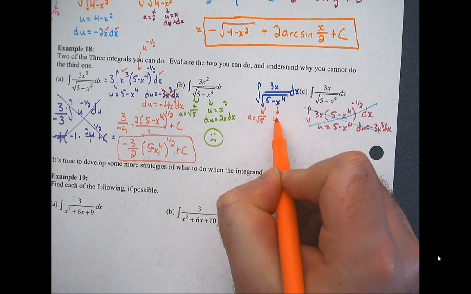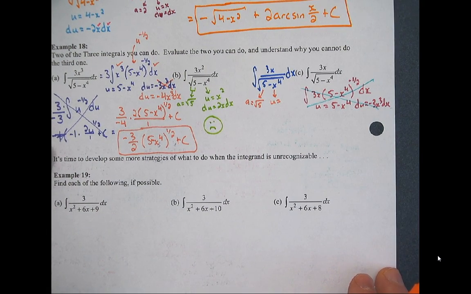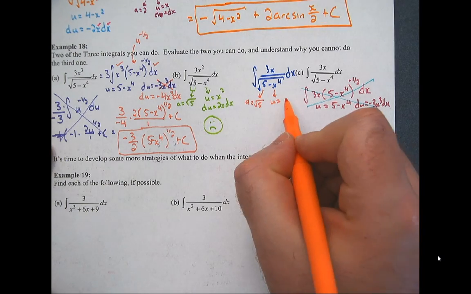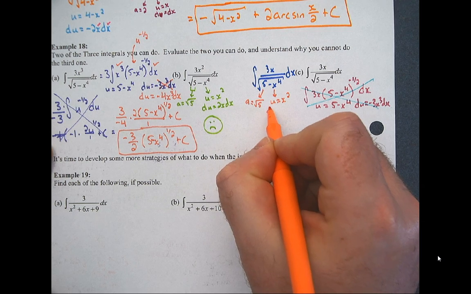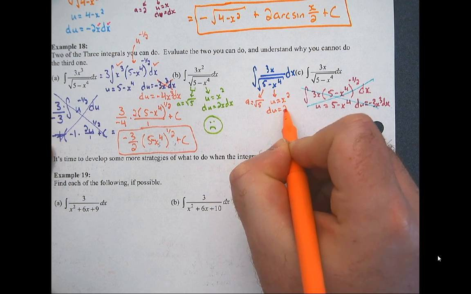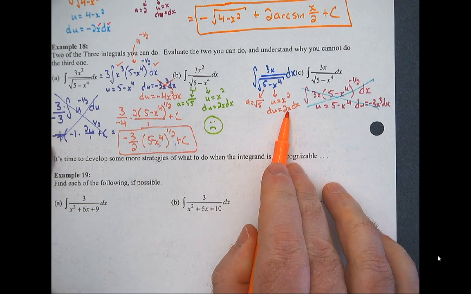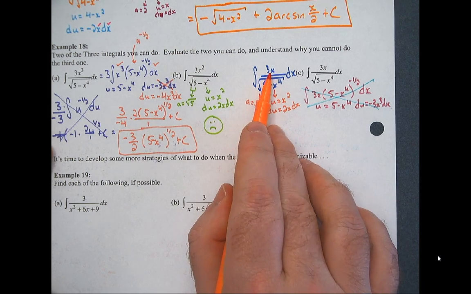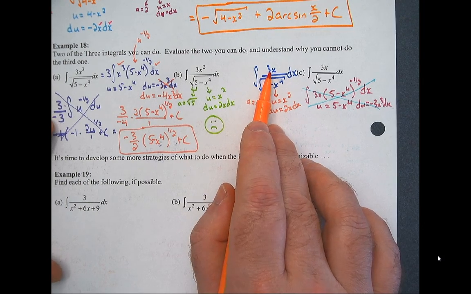What would u have to be? So what squared would make x to the 4th? That would be x squared. So that means du, oh, this is going to work out nice, 2x dx, right? That means that I need to have a 2x. Well, I've got an x. I don't have the 2, but that's a constant. I can work with that. All right, we're in good shape.